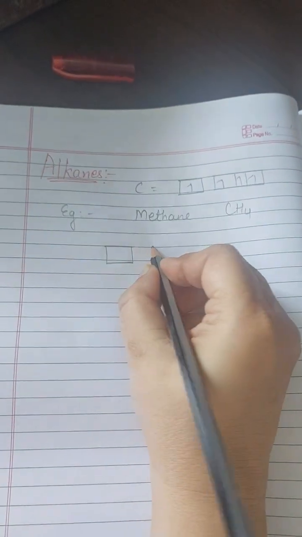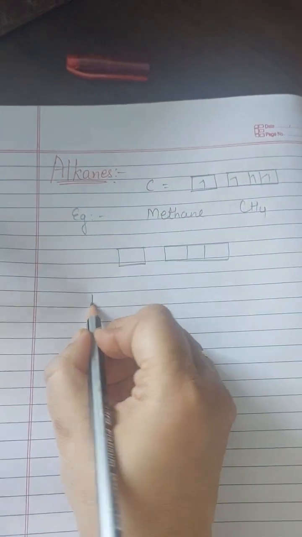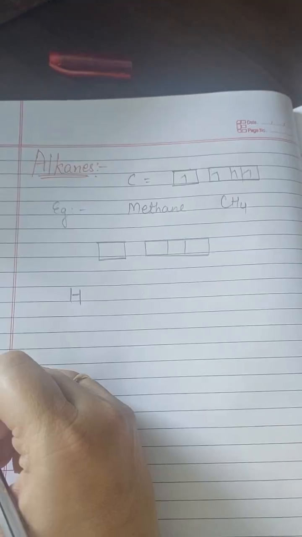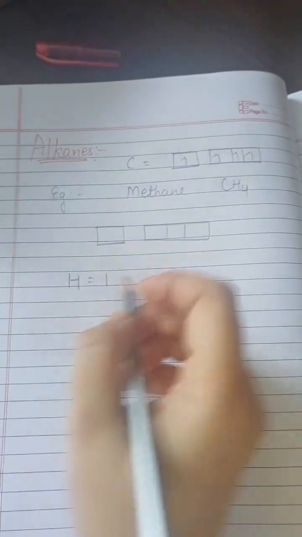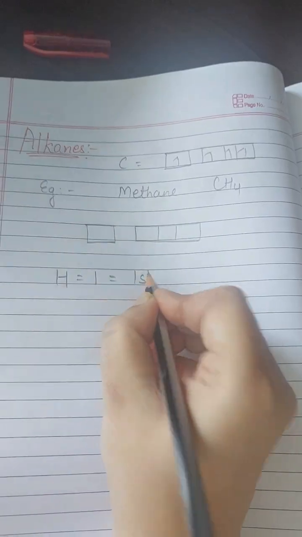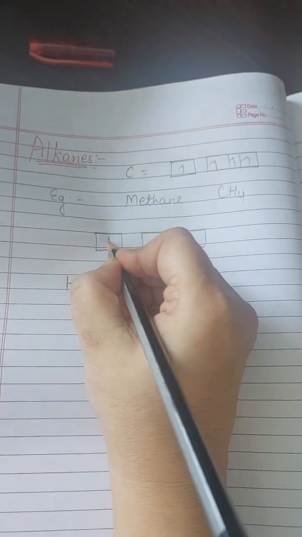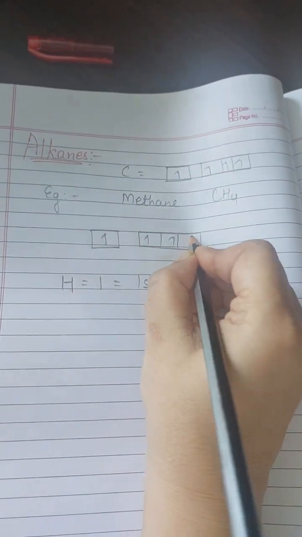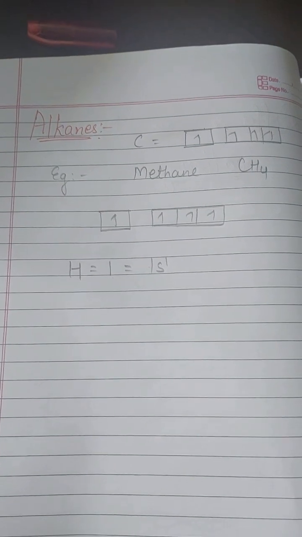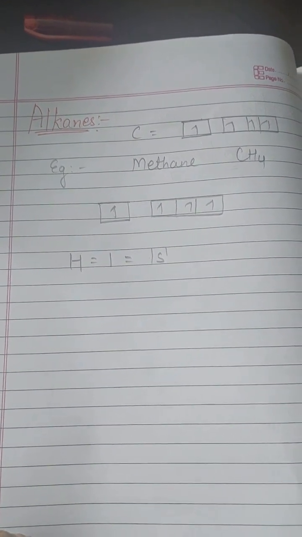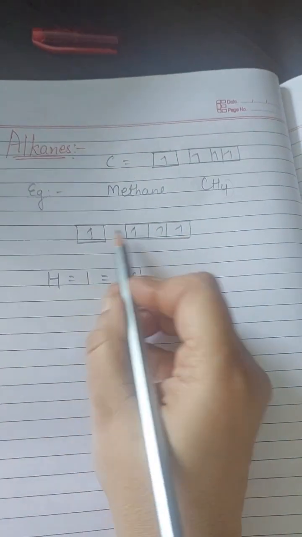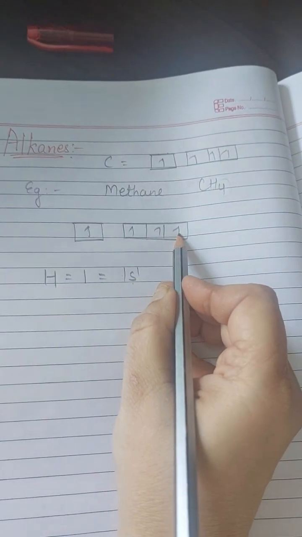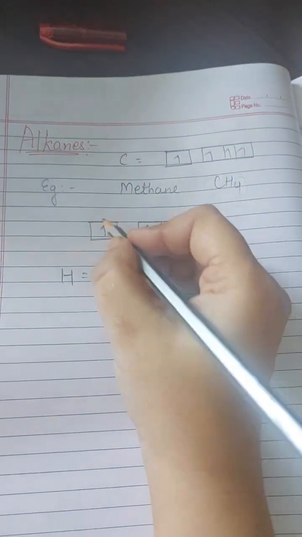When hybridization occurs, now, the atomic number of hydrogen is 1, so its electronic configuration is 1s1. There is 1 electron of carbon in each subshell. Now let's add these 4 hydrogens in all these 4 subshells.